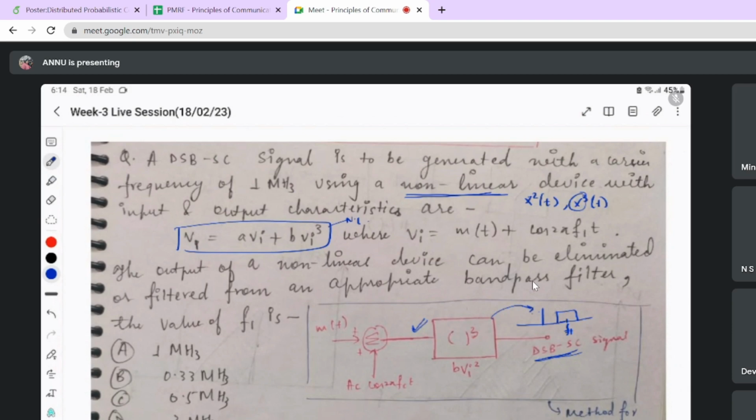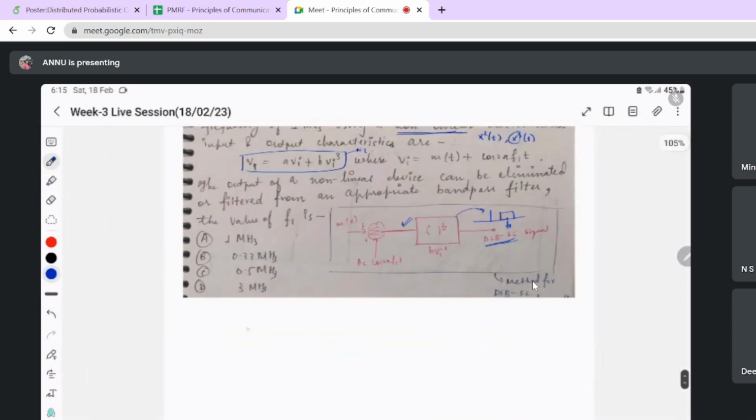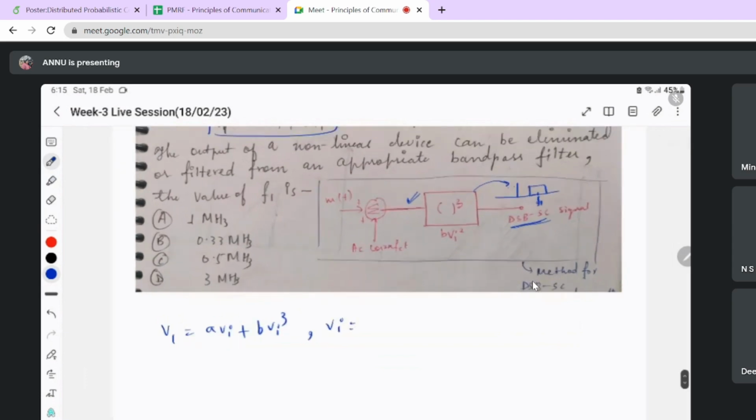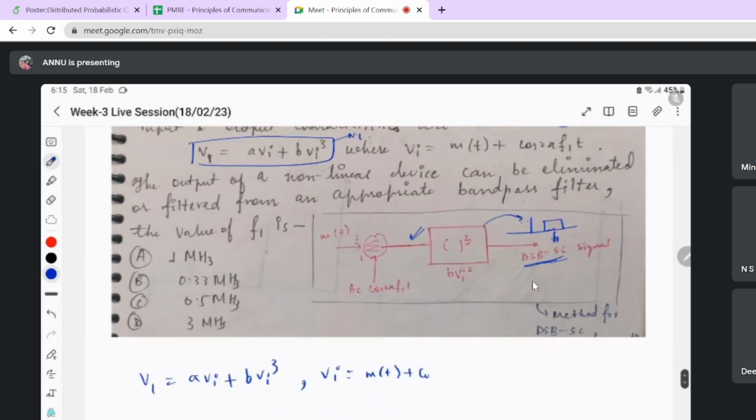Yes, by expanding this expression. If this type of question is asked in the GATE communication exam, people lose marks here, so you just have to follow the question. Here the mathematical expression is V0 = aVi + bVi cubed. So what is Vi? Vi = m(t) + cos 2 pi fct.